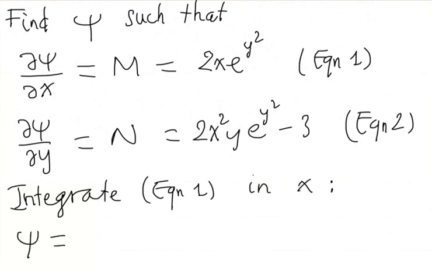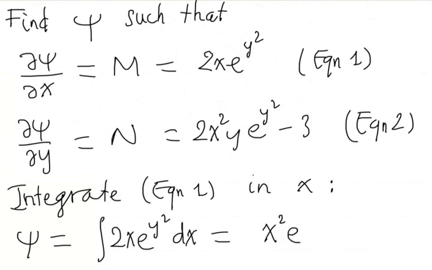Then we will have psi is the integral of 2x e to the y squared dx. And we get x squared e to the y squared plus a constant. But as before, the constant here depends on y, so we denote it by h of y.